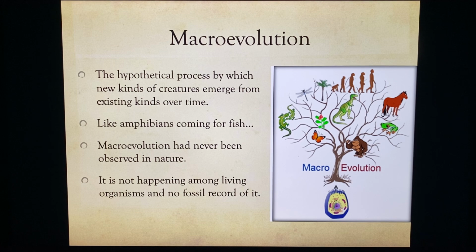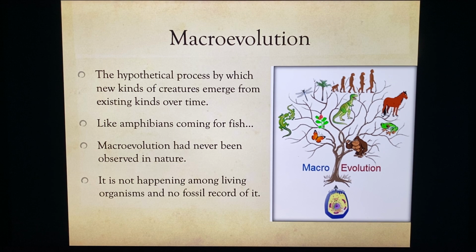Macroevolution has never been observed in nature, where all of a sudden we see a certain kind producing another kind. It is not happening among living organisms now, and there's no fossil record of macroevolution. Now remember, there's micro, but not macroevolution.